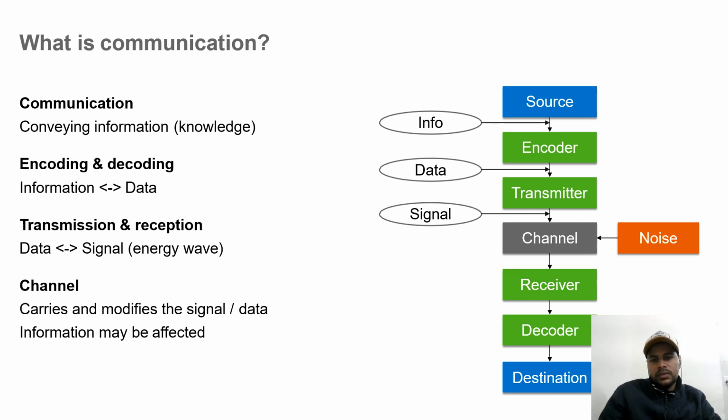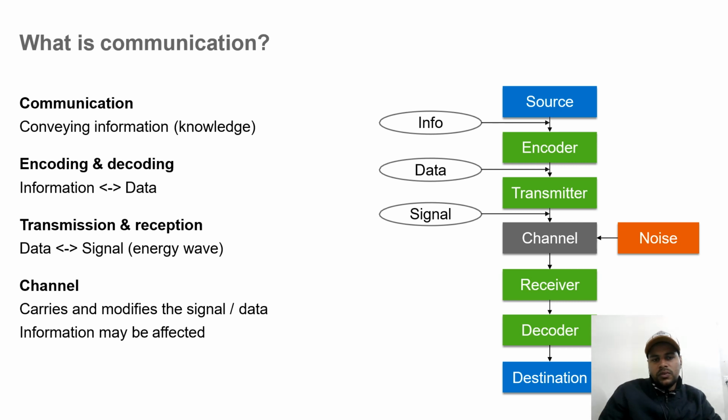The data is transmitted through the channel with the help of a signal, and the channel has some noise which is to be removed. It is then received by the receiver, decoded, and the raw data is sent to the destination, which is the message sent by the source. So this is the whole communication process which takes place in any channel.